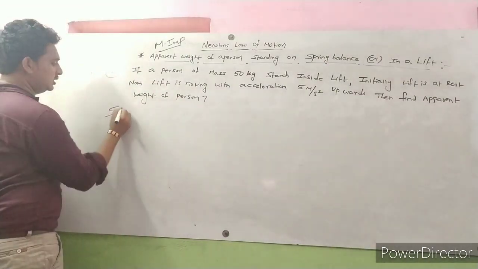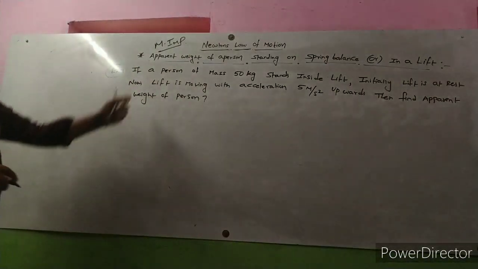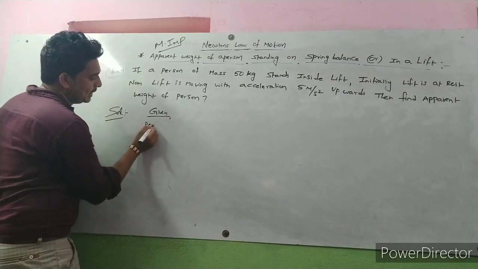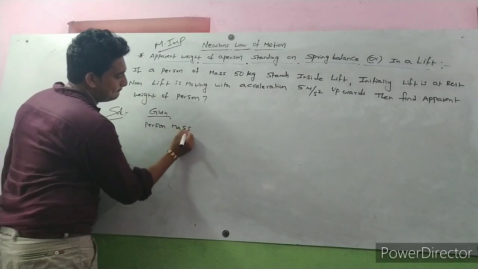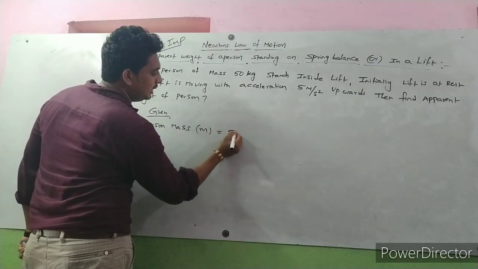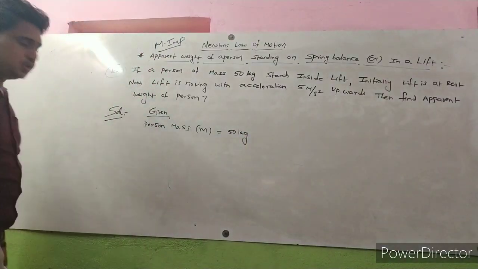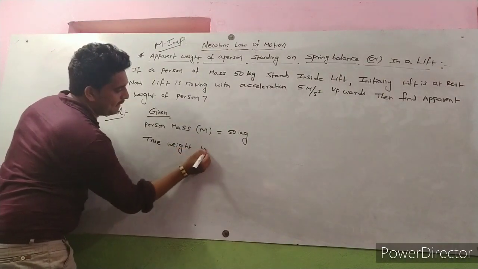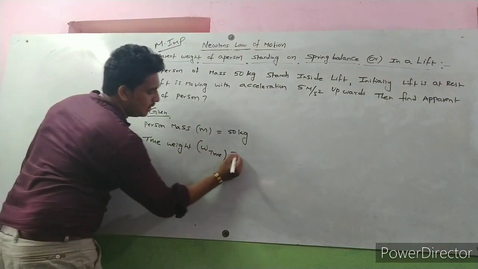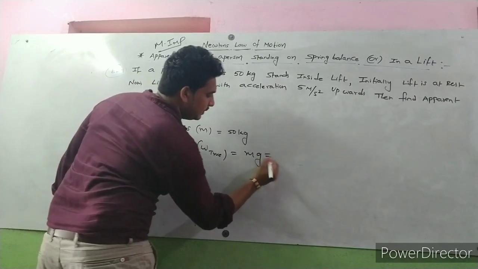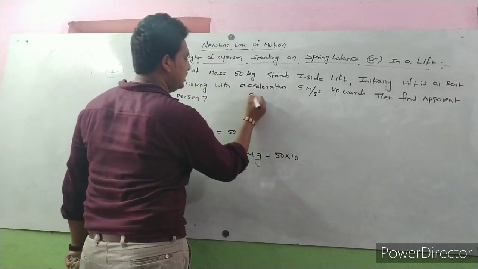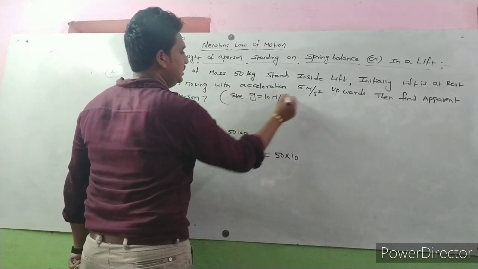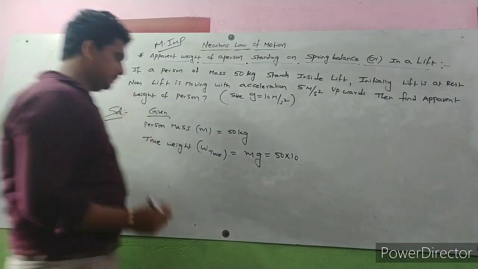So how to solve this question? Initially the person's mass is given: m is equal to 50 kgs. So true weight W true is m into g, 50 into 10. Here take g as 10 meter per second square.